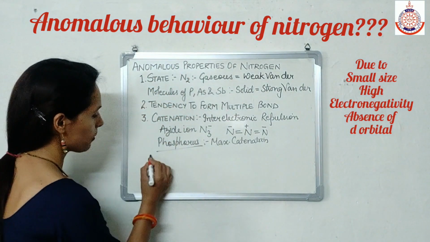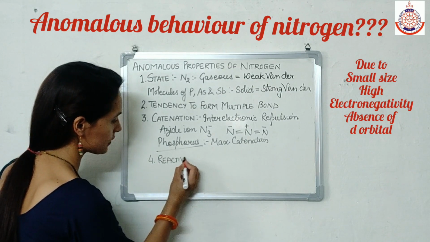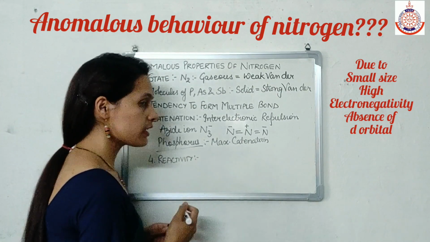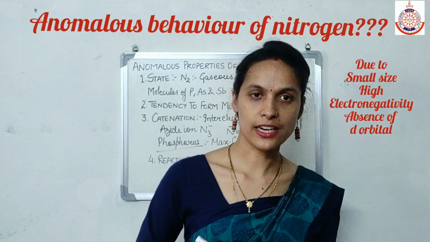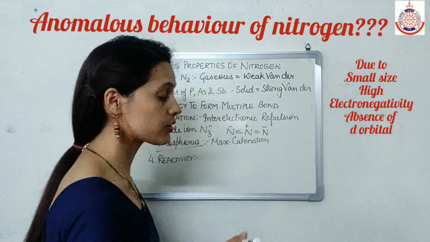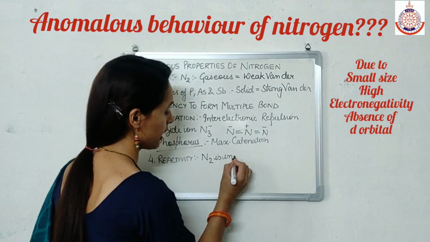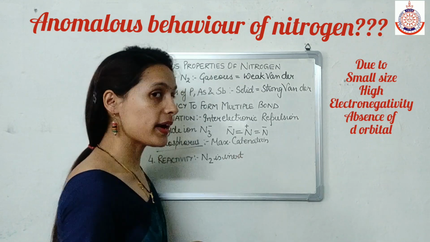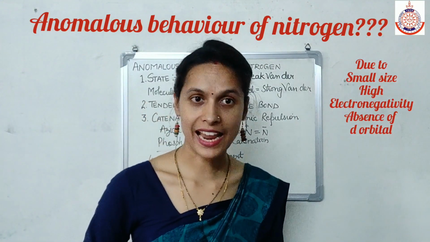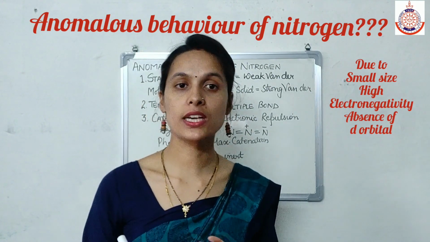Now, if I talk about reactivity, due to 3 covalent bonds between the nitrogen atoms, N2 is inert, but phosphorus is highly reactive, and as we move down the group, reactivity goes on decreasing.